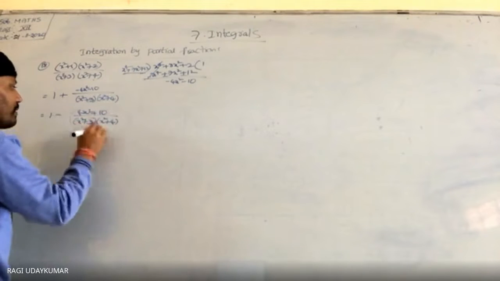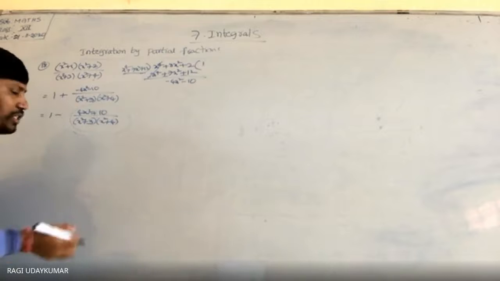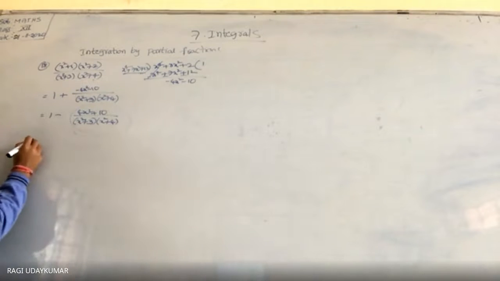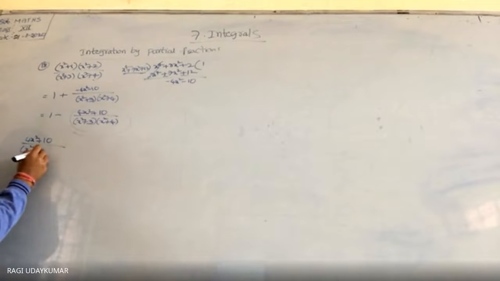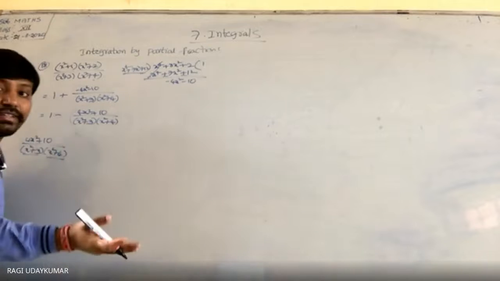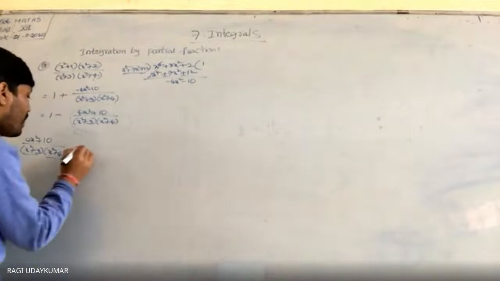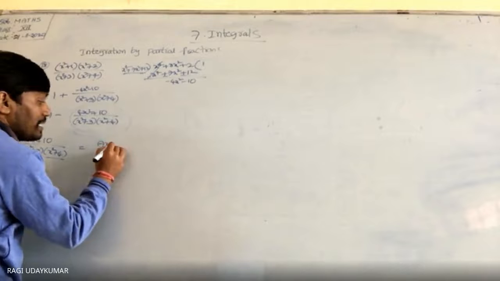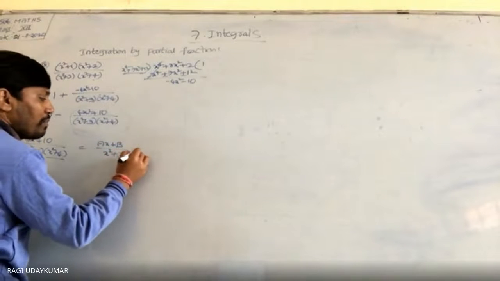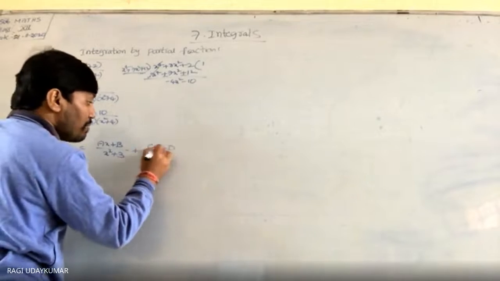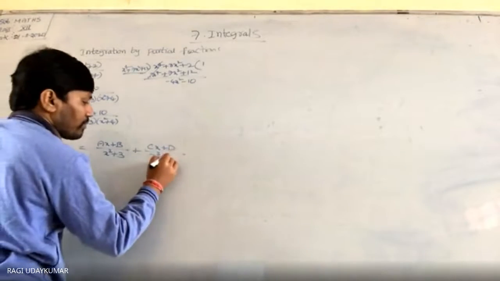Now this is a partial fraction item. These two cannot be further factorized, so this can be written as ax plus b by x square plus 3 plus cx plus d by x square plus 4.